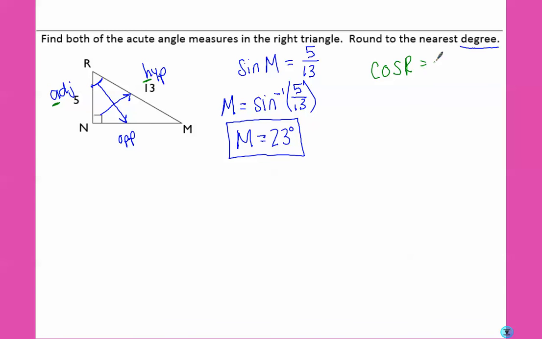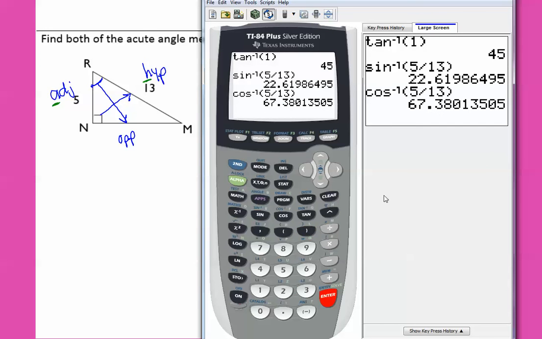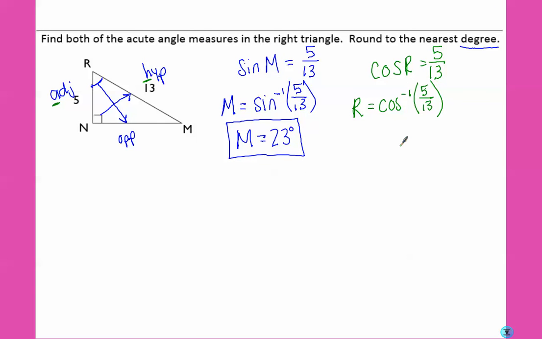So cosine of R equals 5 over 13. So R is equal to cosine inverse of 5 over 13. If we type that in our calculator, second cosine of 5 over 13, we get 67.3. Since it's 0.3, that wouldn't change the 7, so R is 67 degrees.